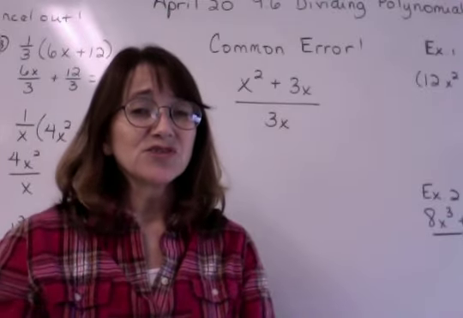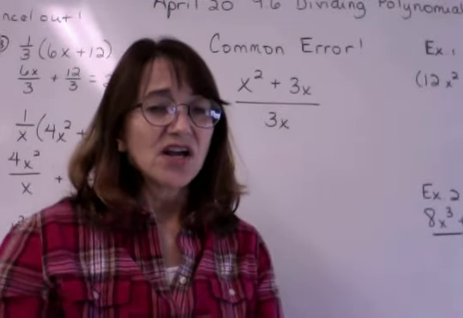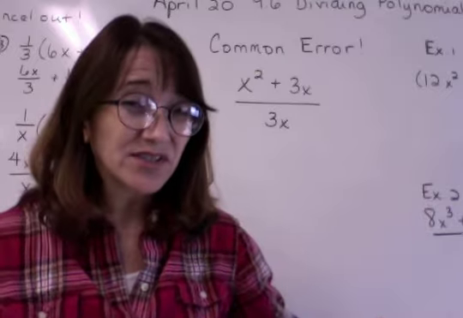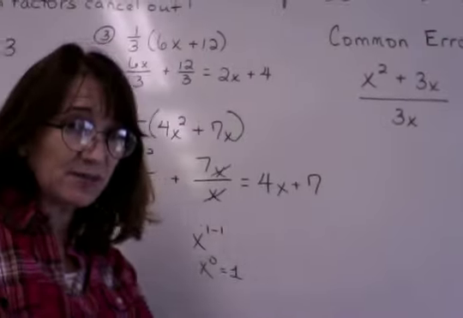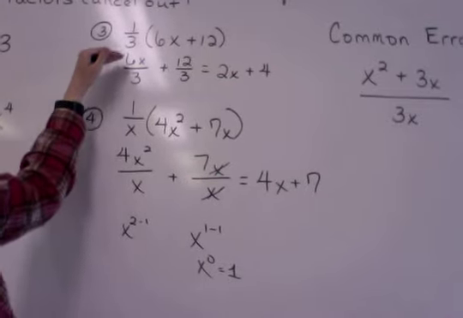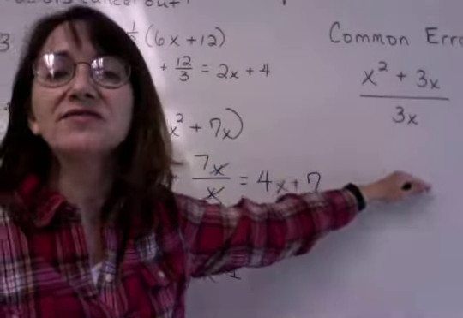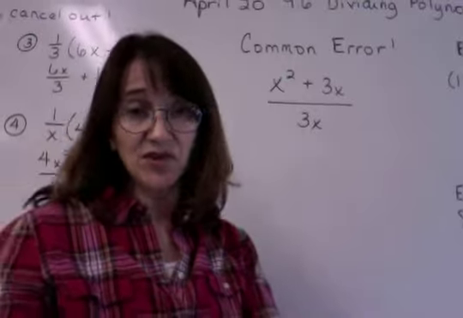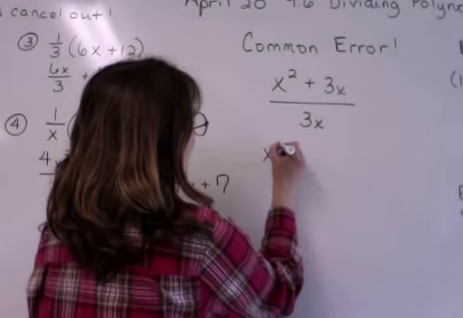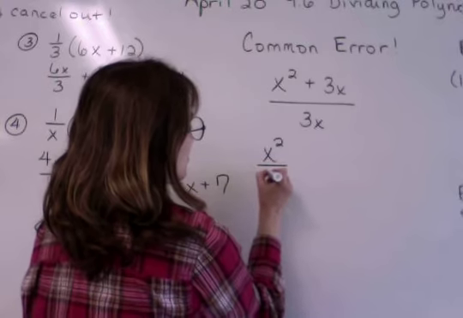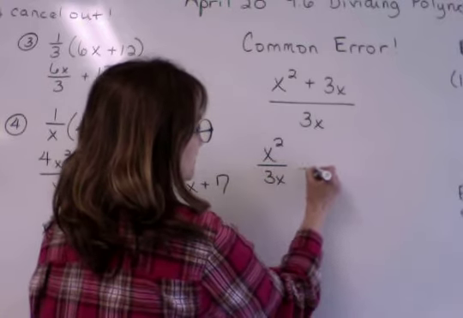Technically, that has to be a common factor. So it works out if you do like we did over here. If it was set up like a problem over here, you would say, I'm going to distribute that. You have to do the same thing here. Even though this is what it looks like, you have to say, okay, x squared, I'm going to divide that by 3x.